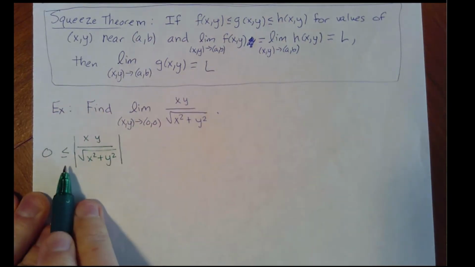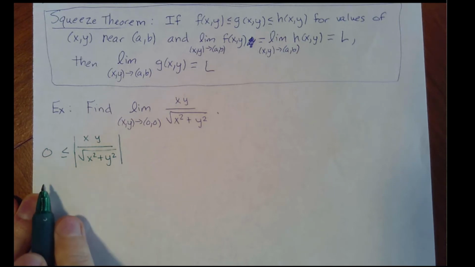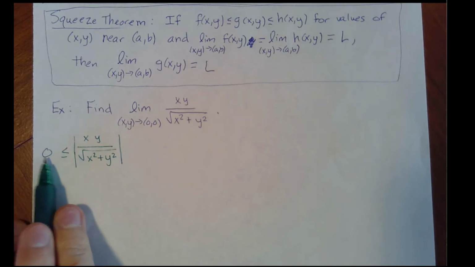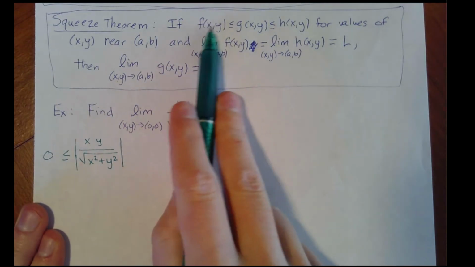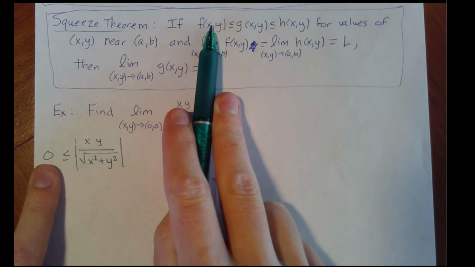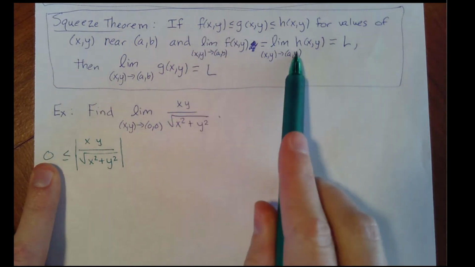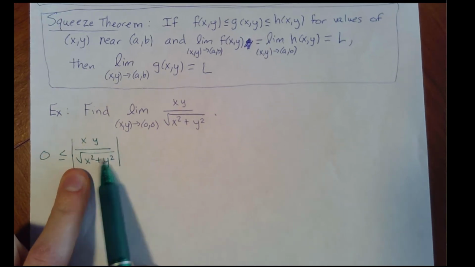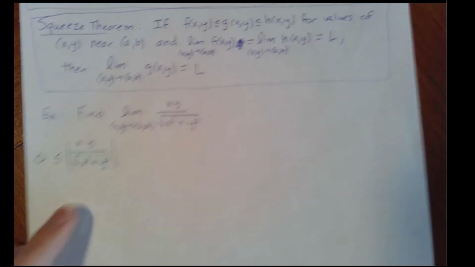That's just from the definition of absolute value: if I take the absolute value of anything, it's always going to be greater than or equal to 0. And I know that the limit of 0 is equal to 0. So the lower function I'm looking for is just the constant function 0, because I know the limit of that one is equal to 0. Now I'm going to try to find a function that's greater than or equal to this, that is also approaching 0.